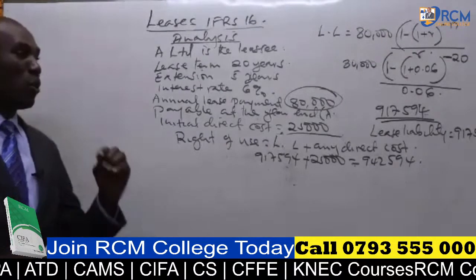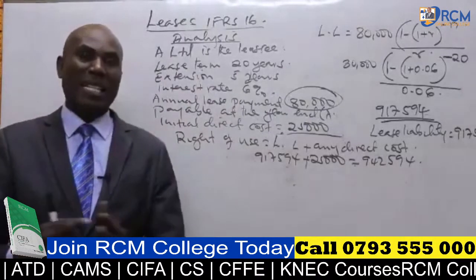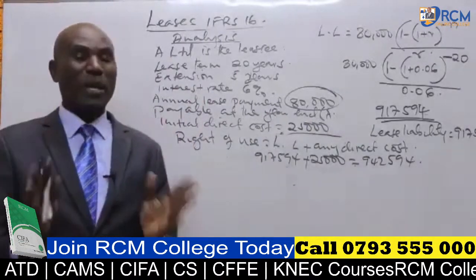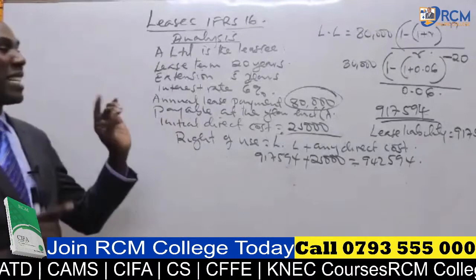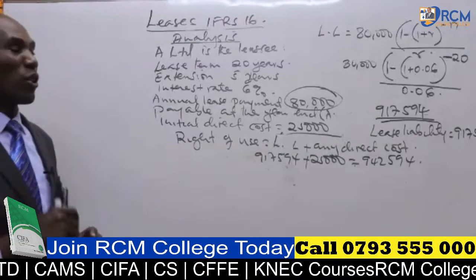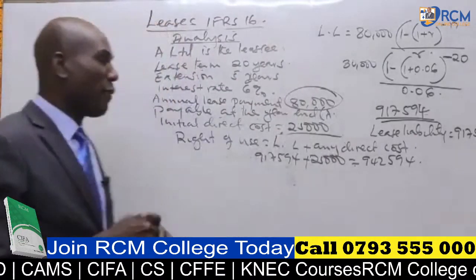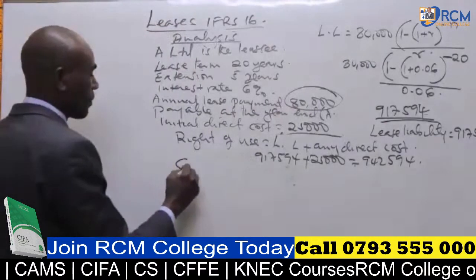On initial recognition, you take the lease liability, you add any cost that we highlighted. If you go to our notes, already we highlighted. Therefore, that is on initial recognition. I have the lease liability, I have the right of use. I go to subsequent measurement.